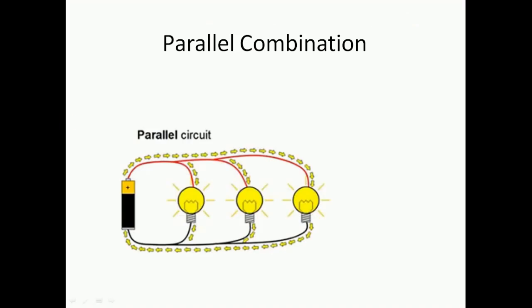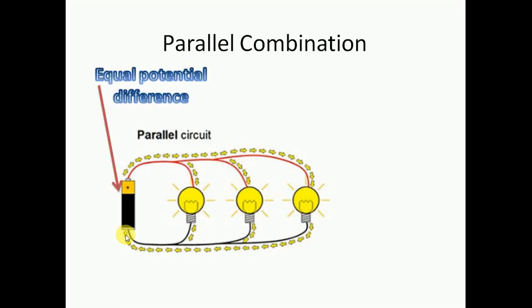So first let's understand the properties of parallel combination. This is a parallel combination in which all the components are connected across the same 2 points. As you can see, all the bulbs are connected across positive and negative of the cell. This one also, the second bulb is also connected across the same cell, so it is a parallel combination.